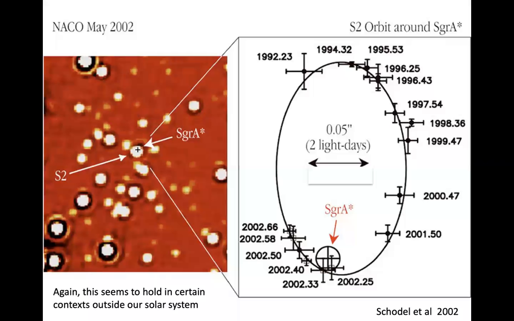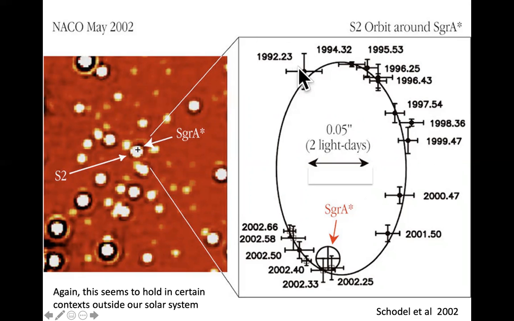This is also seen outside our solar system. Again, going back to that star in orbit around the very massive thing in the center of our galaxy. This shows the observations. It's showing the elliptical trajectory of the star, and the different labels give you the dates when the observations were made.